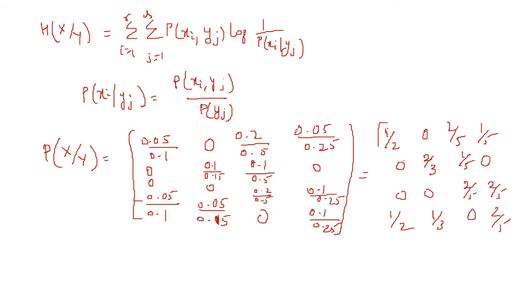So this gives us the matrix P of X by Y. Therefore, P of X by Y matrix is given as: first row 1 by 2, 0, 2 by 5, 1 by 5.